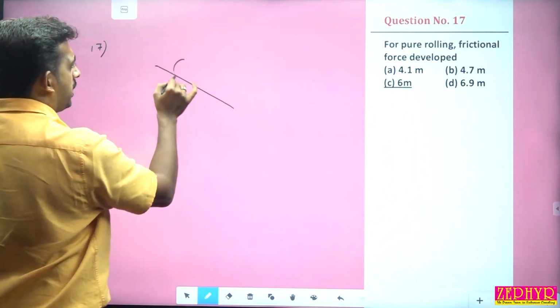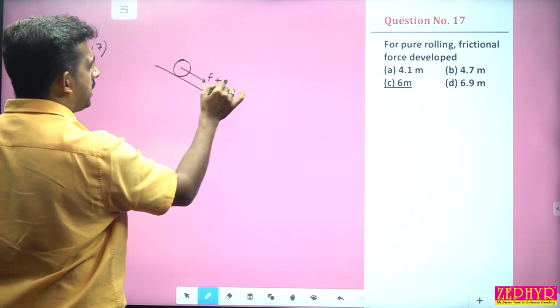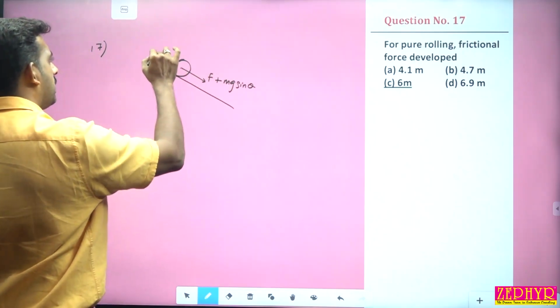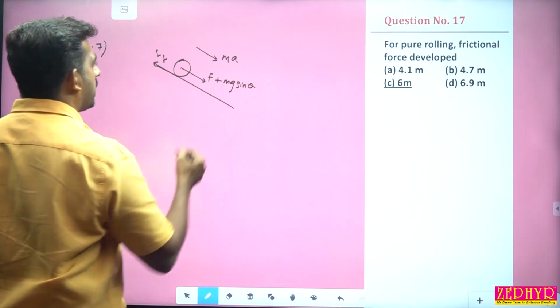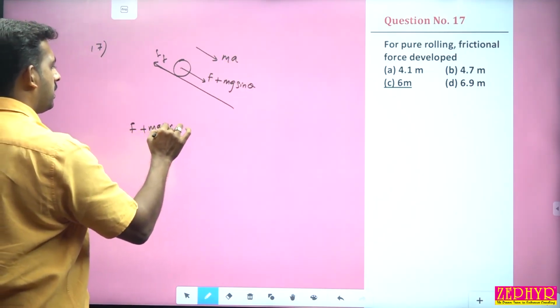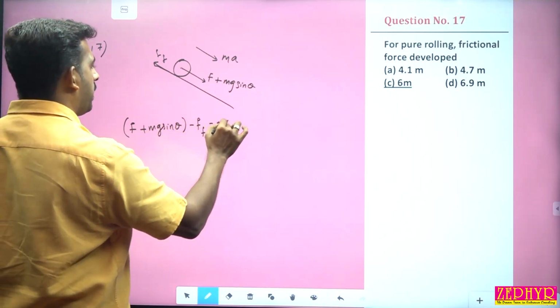So for pure rolling, the friction force developed will be equal to, as in the last question we discussed, when it is rolling downward, it has a force F plus mg sin theta in the downward direction. The frictional force is acting in the upward direction. So net force, since it is moving downward, we can take as m into a. So F plus mg sin theta minus frictional force will be equal to m into a, right?